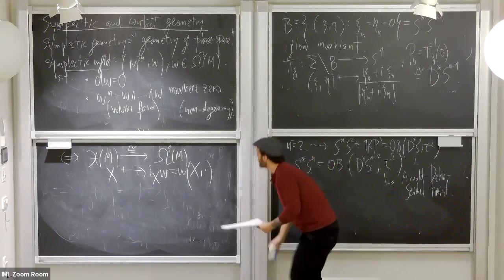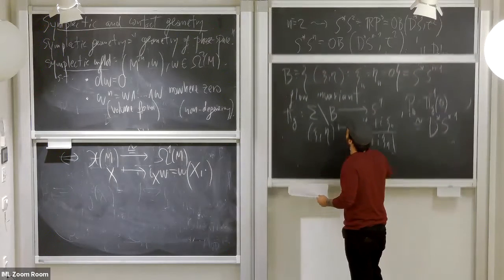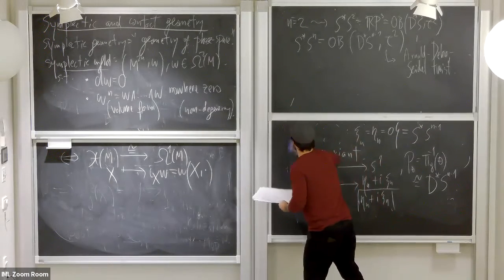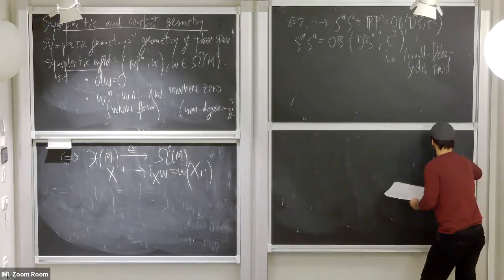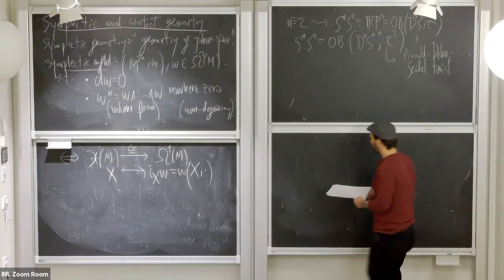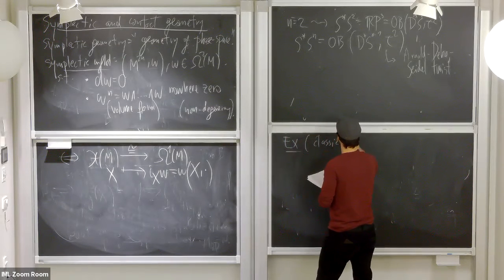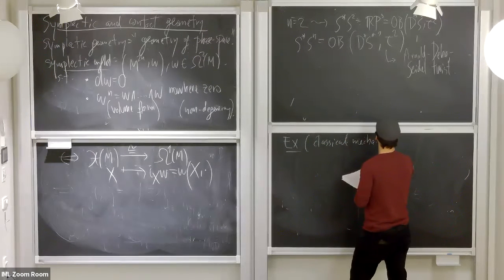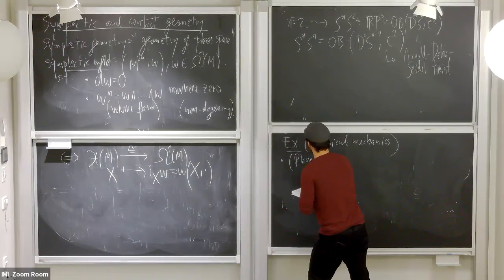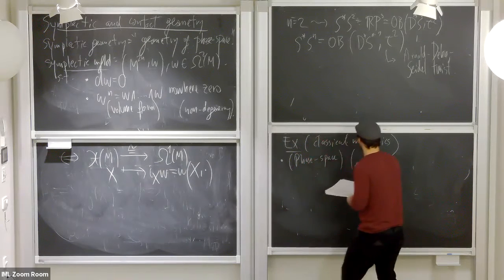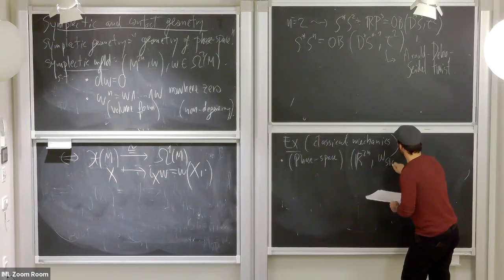But what's the point of this? It is to generalize the situation when you have phase space. So what's the fundamental example from classical mechanics? Well, you take phase space, which is just R^2n, and the standard omega.